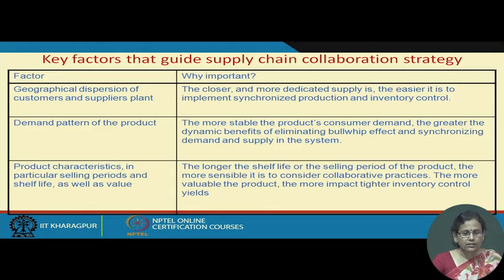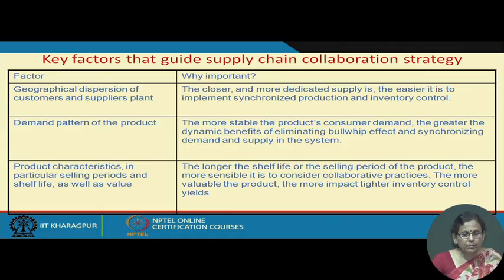So, what are these factors? First of all, if the supplier and the manufacturer are geographically apart, and the physical distance between them is very large, it is difficult to achieve this complete synchronization.